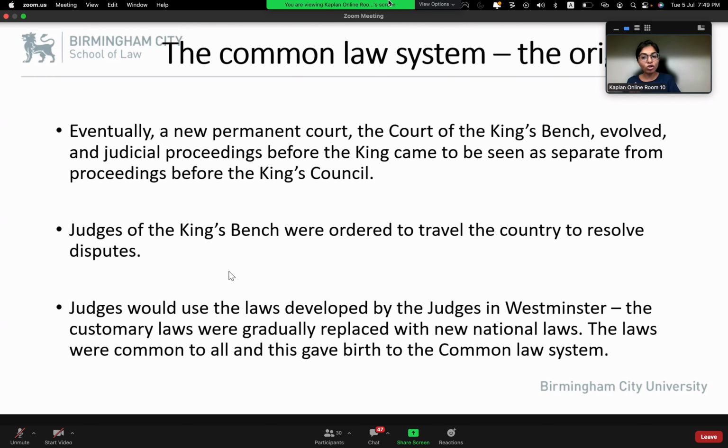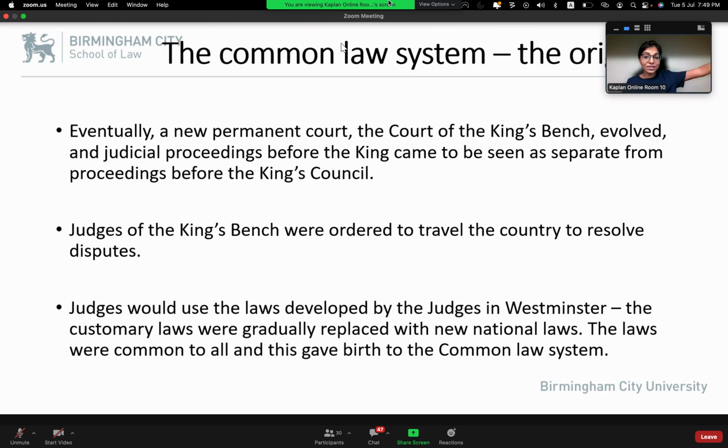So a permanent court was created, like I said, the Court of the King's Bench. And then when you have proceedings, you go and meet the king. And meeting the king is different from meeting the king's council. King's council means going to the palace, where the king will have a meeting with his ministers. Then if there are disputes, you resolve them there.